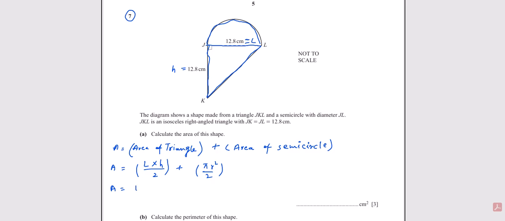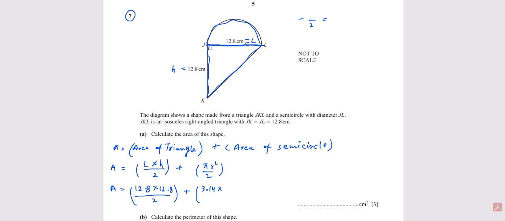So 12.8 multiplied by 12.8 divided by 2, plus the value of pi, 3.14, multiplied by the radius squared.